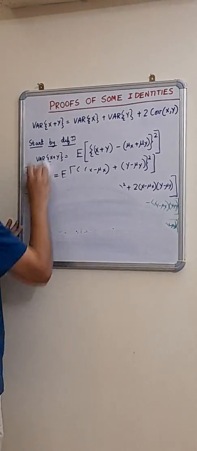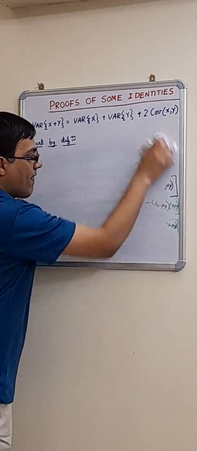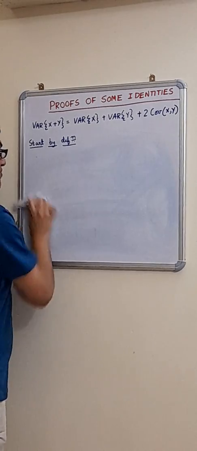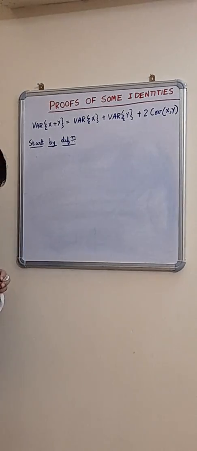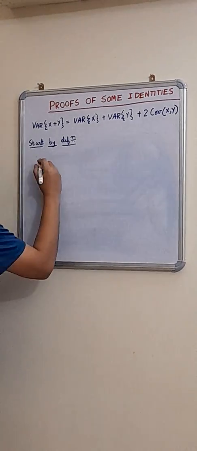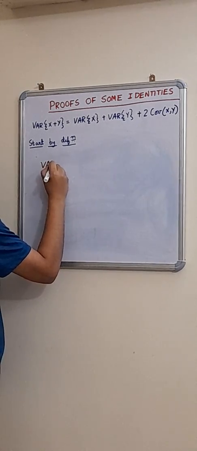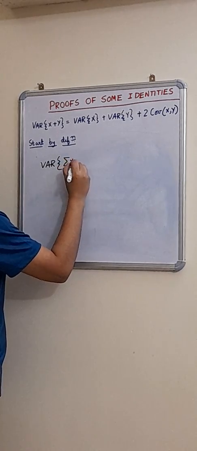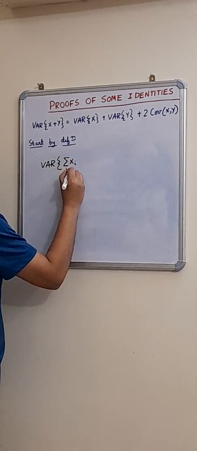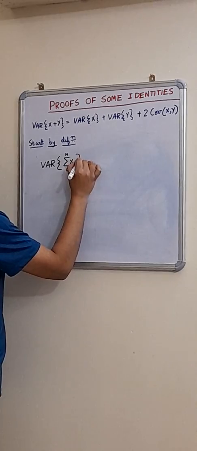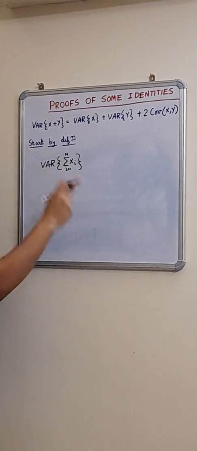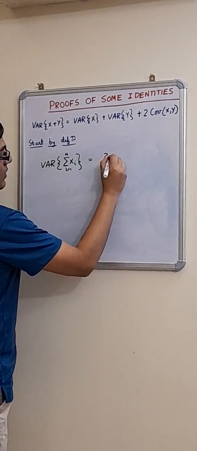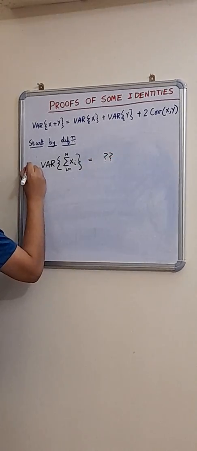The homework for you would be to prove the result for variance of sigma xi, that means variance of x1 plus x2 plus x3 plus x4 and so on. Try to find out the result. This is the homework.